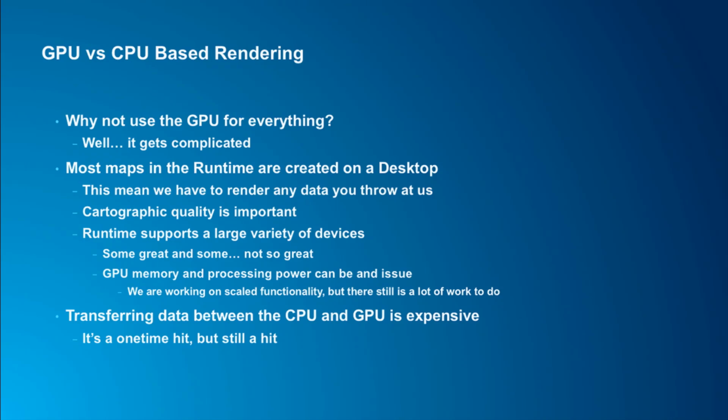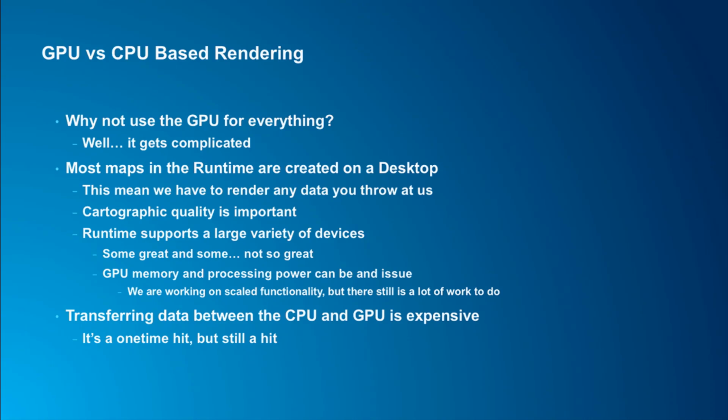So why do we have two modes, CPU and GPU, when GPU obviously sounds way better? It gets a little complicated because people who author maps for runtime author them on a desktop. And your desktop has tons of data sources you can work with. You could be trying to render 1 million features on your mobile device.